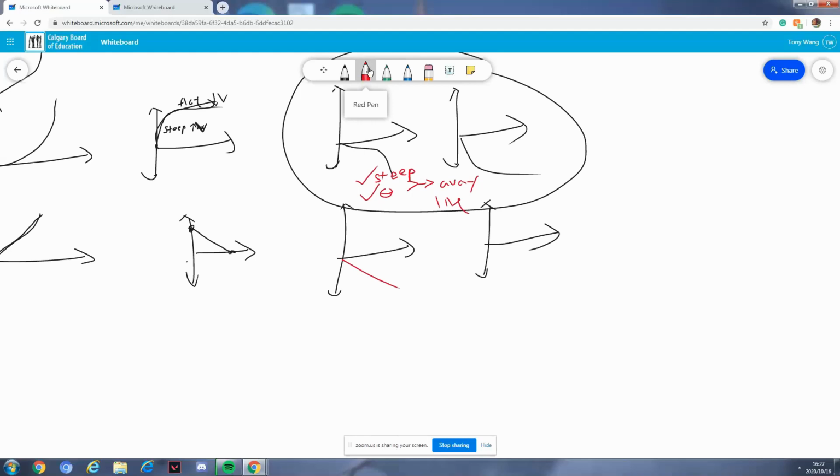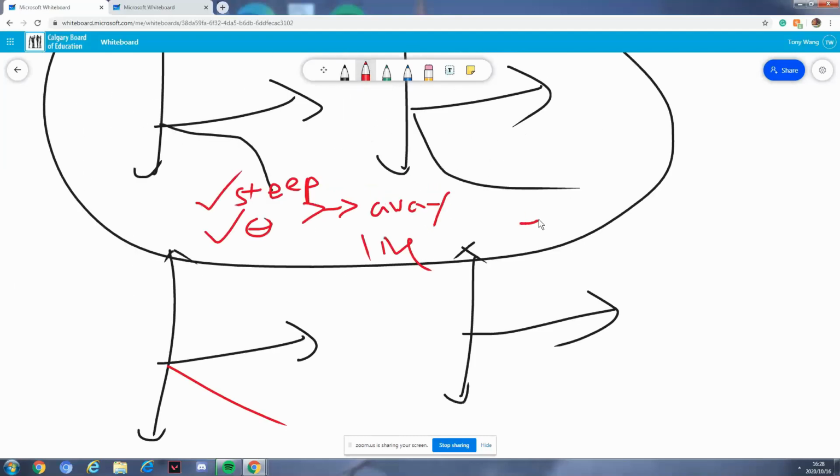Explain the process. We know it's negative, and then we know it's flat. So what does this tell us about the speed? Is it getting faster or slower? It's getting slower, because a flat slope means a slope of 0, which means speed is 0, which means not moving, which means slow. Okay, so it's getting slower.